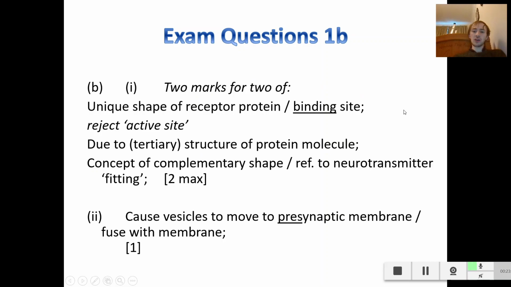And then the concept of a complementary shape or a reference to neurotransmitter fitting will get you a 3rd mark. So the receptor protein has a unique shape, which is complementary to the neurotransmitter, will do just fine. And you should really be talking about tertiary structure when talking about proteins. We should know that all receptors on the surface of the postsynaptic membrane are protein receptors, so we should know their tertiary structure.